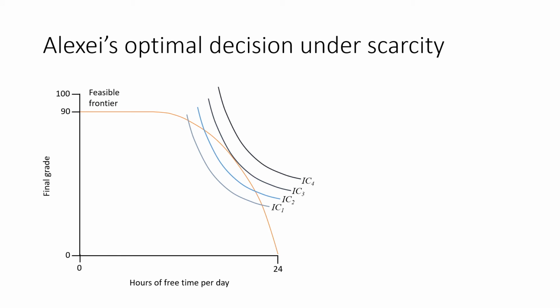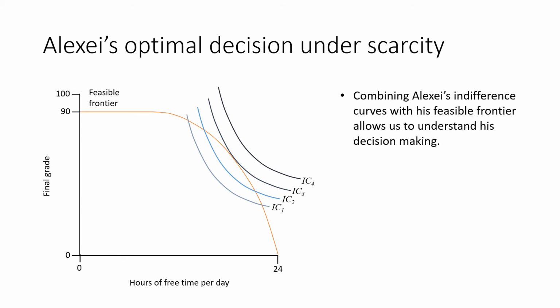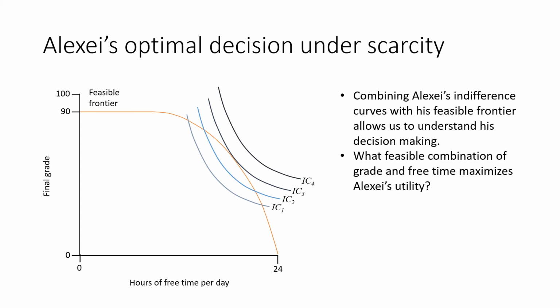Alexei's optimal decision under scarcity. Combining Alexei's indifference curves and his feasible frontier allows us to understand his decision making. What feasible combination of grade and free time maximizes Alexei's utility?